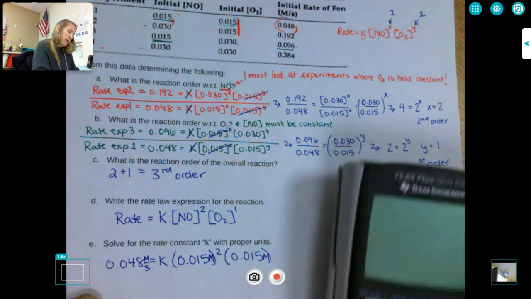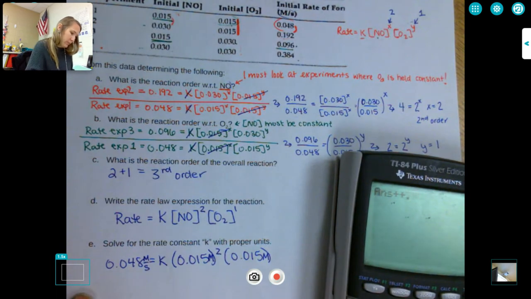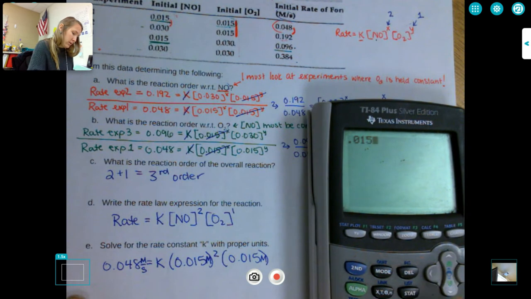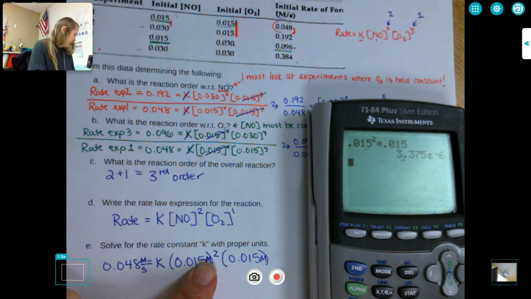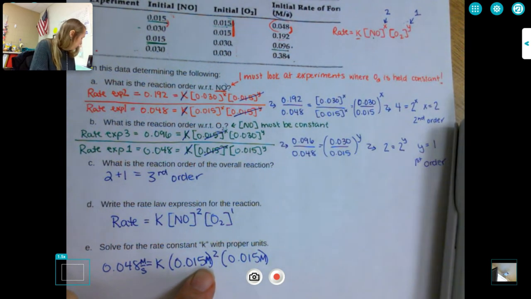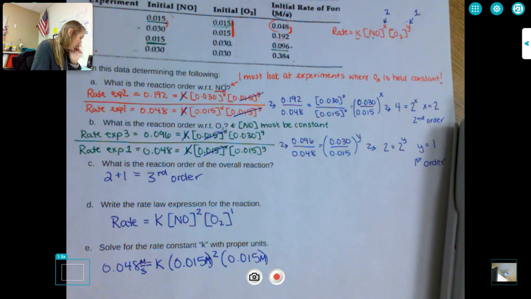So when I plug this in, 0.015 squared times 0.015, I didn't get that last time. What did I do? Oh, I don't think I finished squaring it.